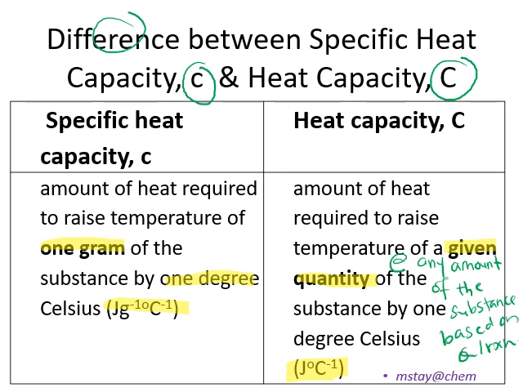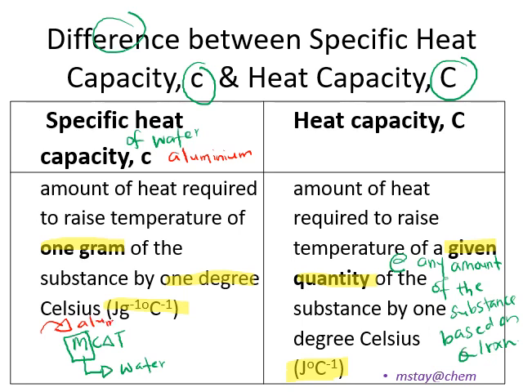So we can check like this: if the question gives us the specific heat capacity of water, you have to keep in mind that we are going to use mc delta T, and the mass that we look for is the mass of water. Otherwise, for example, if the question says this is the specific heat capacity of aluminium, we see the word aluminium in the question, which means the value that we substitute in must refer to the mass of aluminium.